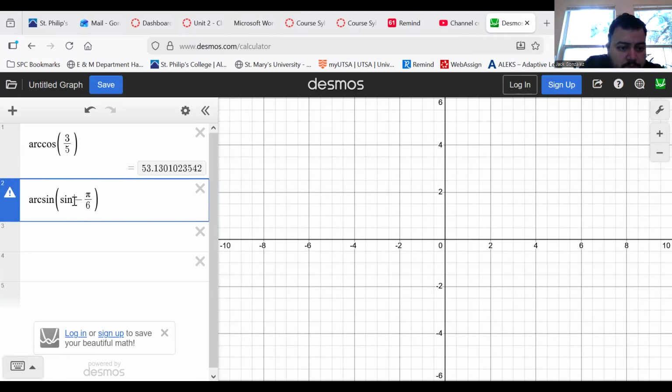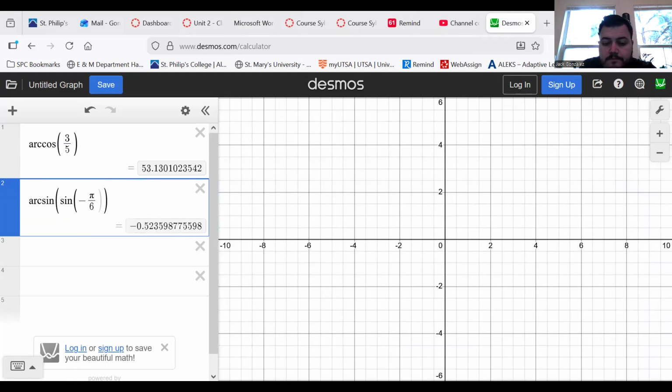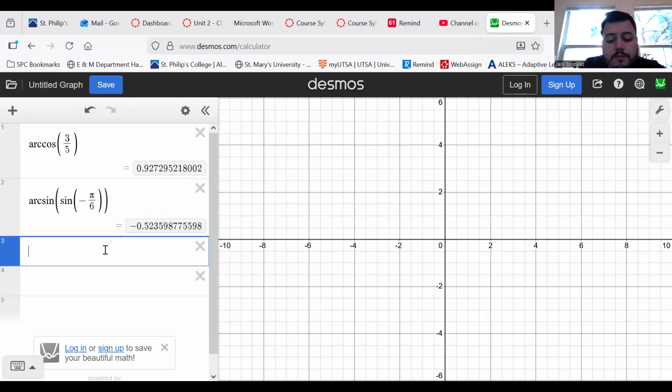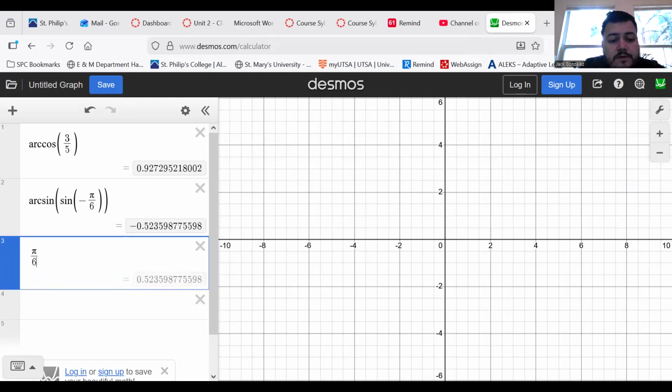Need parentheses. Negative 0.5. Am I in degrees? Okay, so that's my radians, which is the same as pi over 6, right?